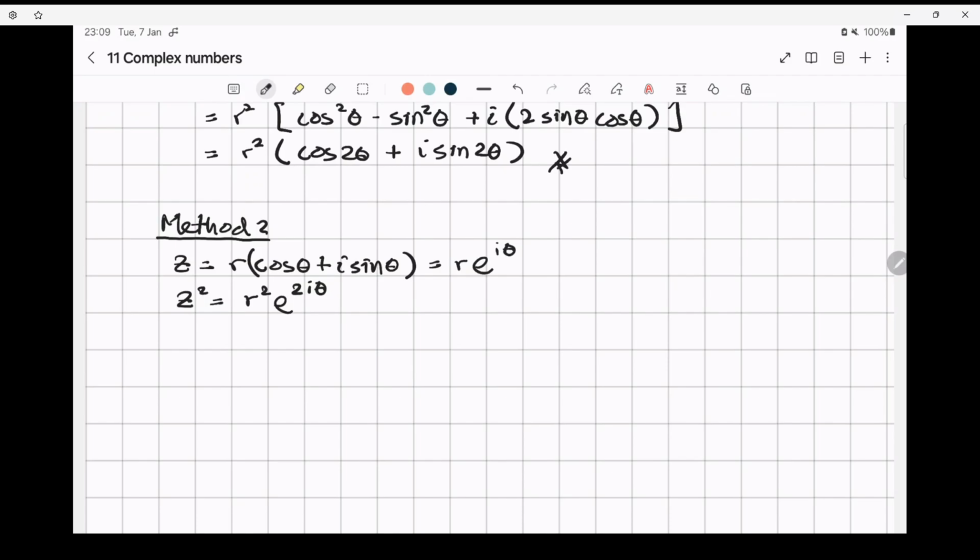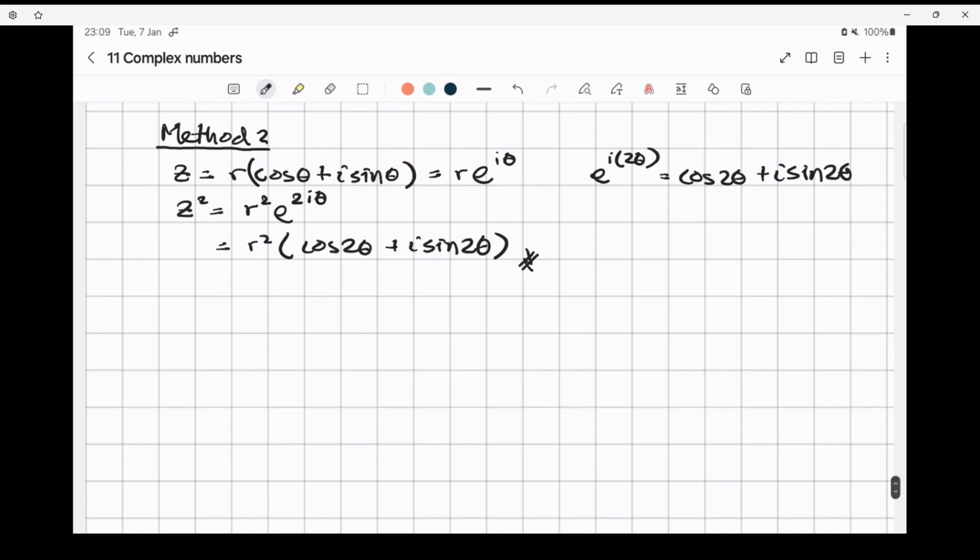Okay, so this is faster actually. So then you re-expand back. So e to the i 2 theta will be just cos 2 theta plus i sine 2 theta. That's why you can directly write this.